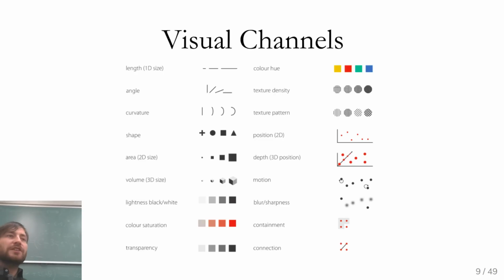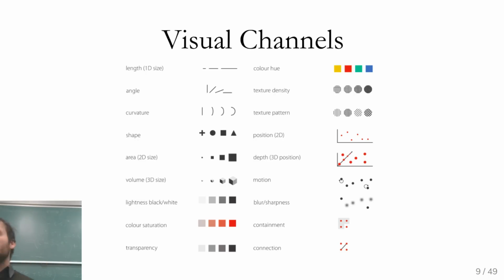So visualization usually means you have data with different properties, say like features. So you have a multivariate data set, and you want to map this somehow to a figure. And usually for each quantity that you want to visualize, you can map this to one of these visual channels.